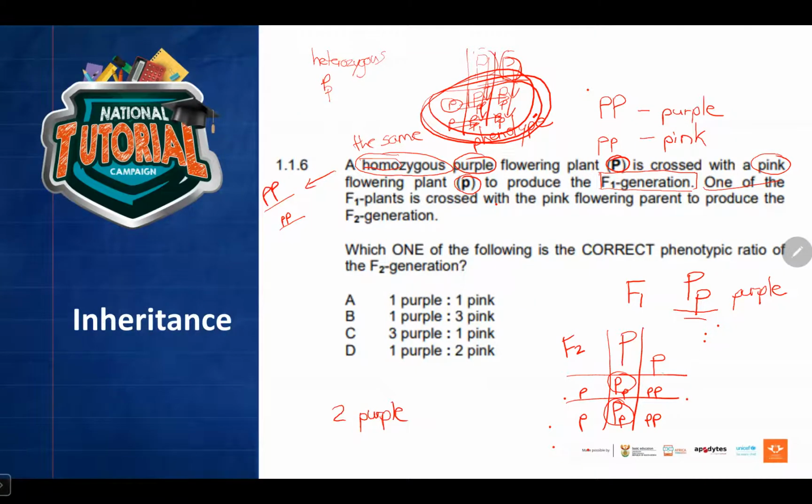And here we see 2 small letters, so 2 recessive alleles, meaning only recessive gives us 2 pink. And we can just simplify that to 1 purple, 1 pink. And there we go. The answer to 1.1.6 is A, and that was worth 2 marks.